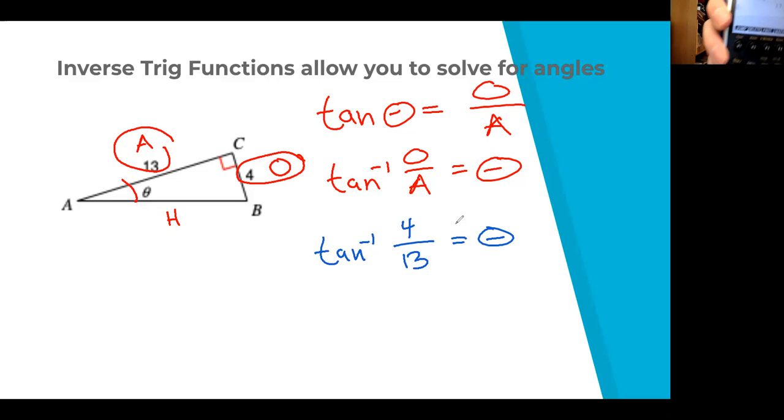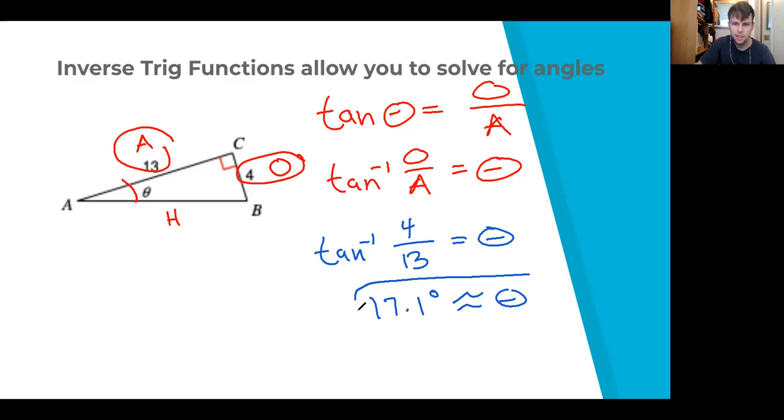And then I calculate my angle measurement. My calculator is in degrees, so this is the degree measurement of that angle, 17.1 degrees. I'm going to round to 1 decimal place. Obviously, we can be as accurate as we want in these problems. This is an approximation. Technically, I've rounded it to 1 decimal place, but we're going to be good with that.